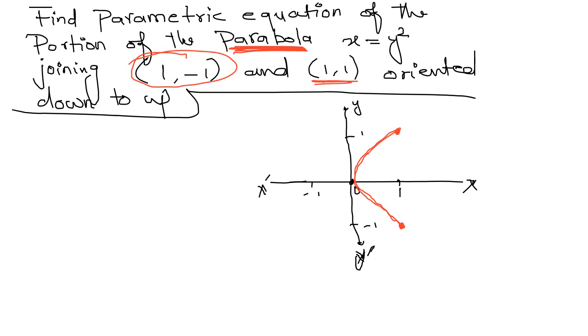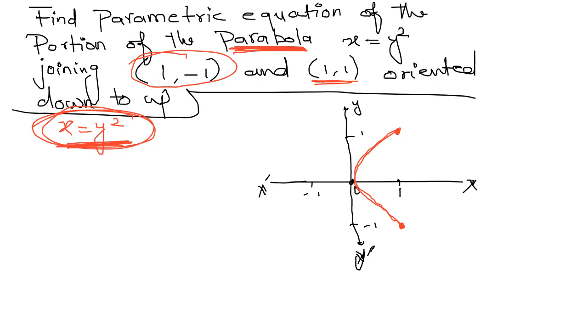Now the equation is given, x is equal to y square. Now we have to change this equation into parametric form. Can anybody tell me in this case which variable we choose equal to t?